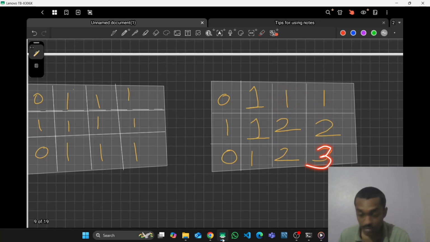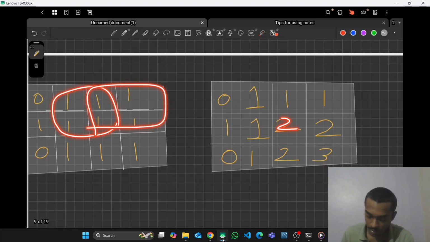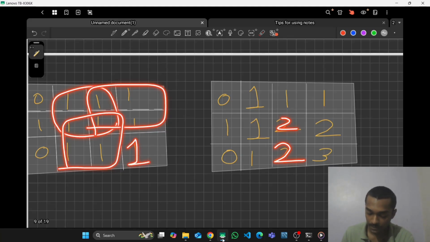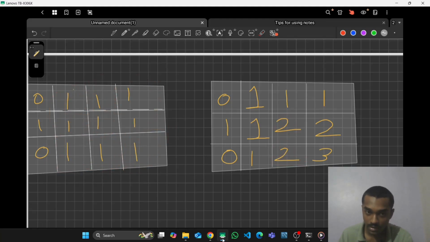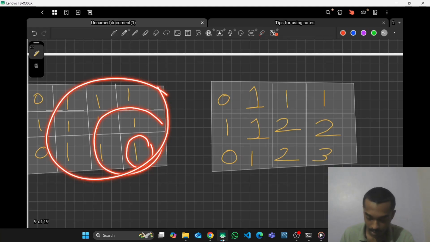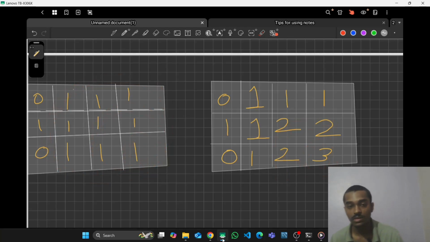Let's see for this case, the minimum of all three is 2 2 2, that means these two make a square matrix, these two make a square matrix, these two make a square matrix. By adding 1, we can create a three size submatrix. And if we have a three size matrix, we can create 3 1 2, and this is the 3. So we are adding 3, so just take the minimum of 3 and add 1. This is the approach. Now let's code the solution.